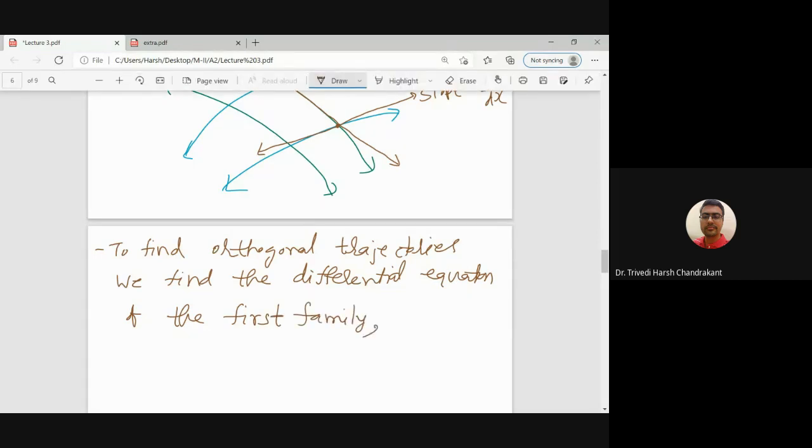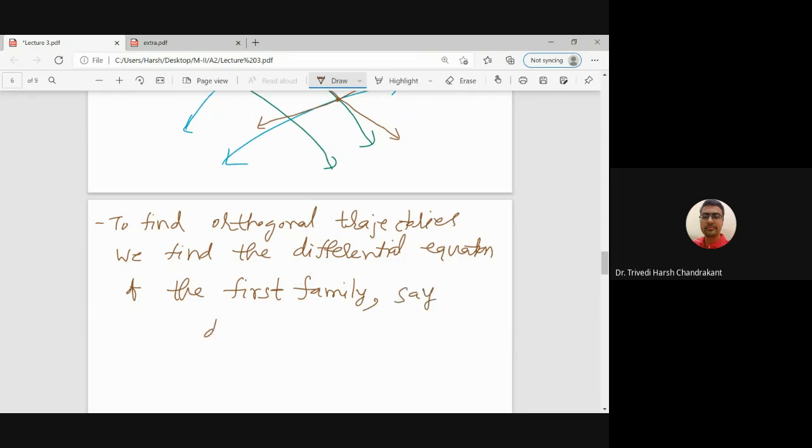This differential equation, let us say, is dy by dx is equal to some function f of x, y.